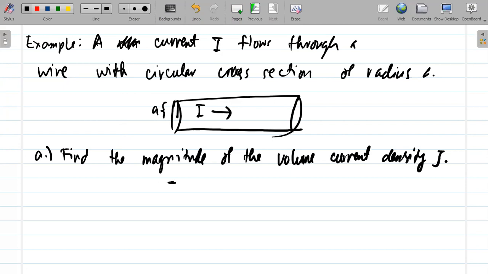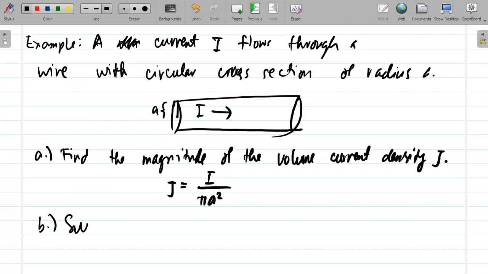Now, class madali lang to. J equals I over pi a squared. I over the area. Yun lang class yung magnitude ng volume current density mo. Direction, depende sa kung saan tumatakbo yung current mo. Okay, class. So now, medyo hirapan natin.